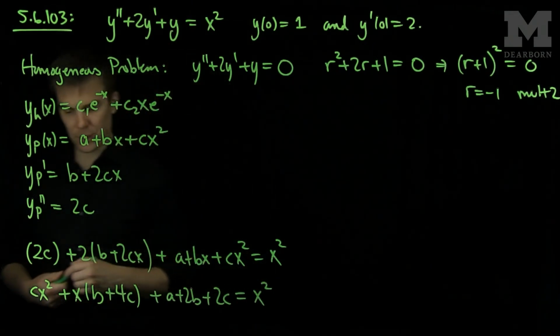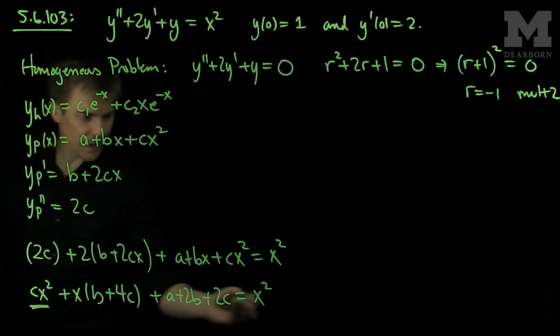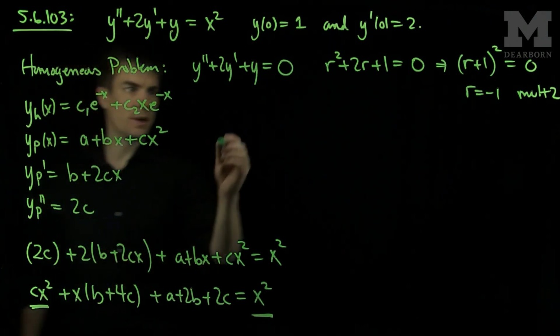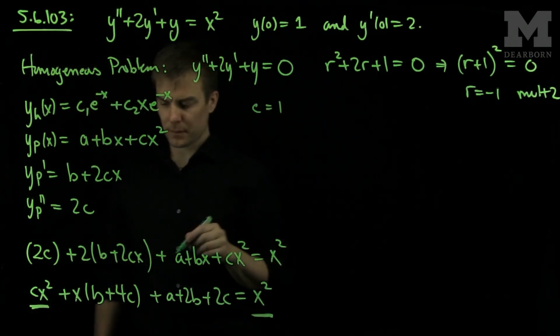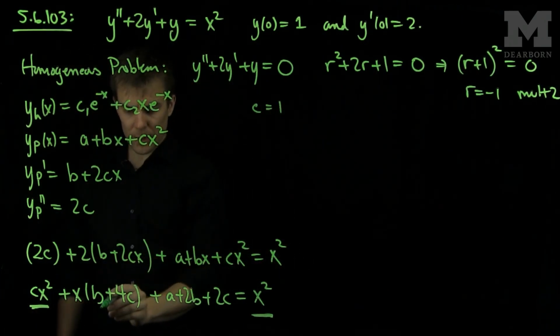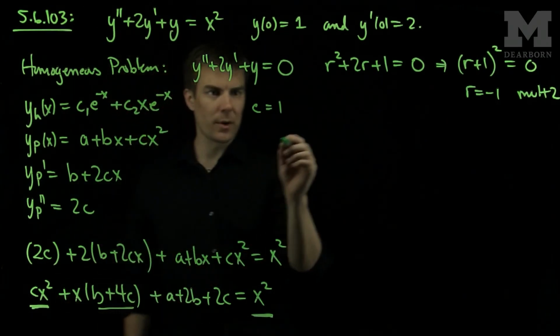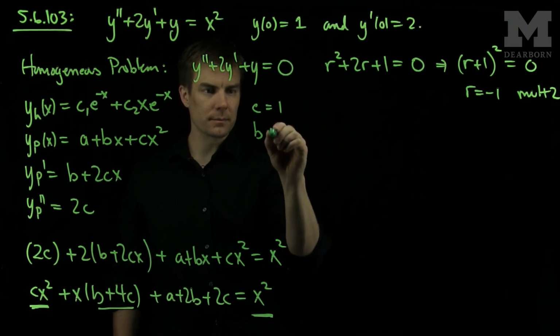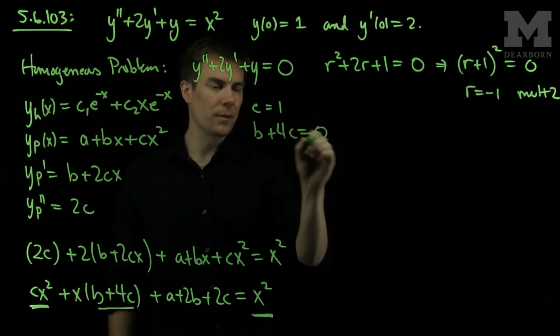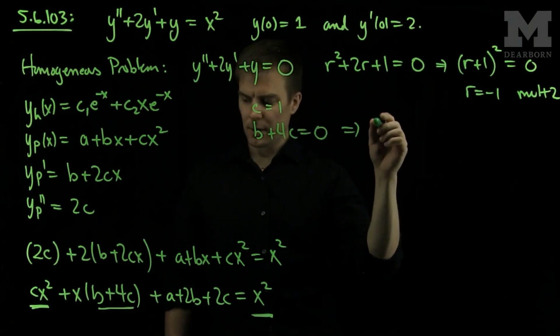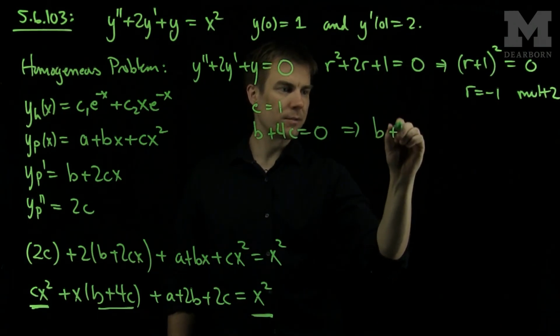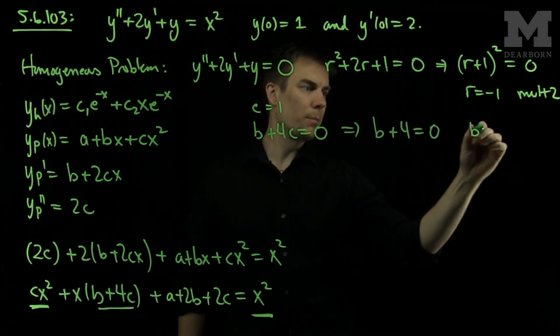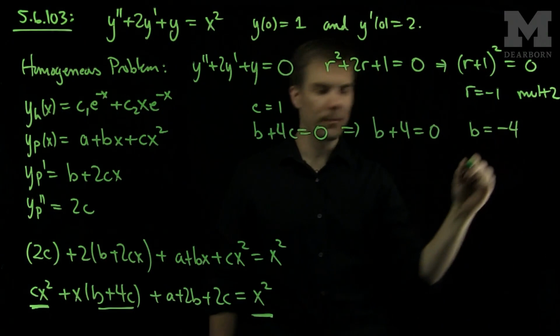Now we can compare the coefficients. It's clear that those terms must match, so my c must be equal to 1. If my c is equal to 1, I would like the x term to be equal to 0, because there are no x terms. So 4c plus b should be 0, which tells me that b plus 4 is 0, or b equals -4.